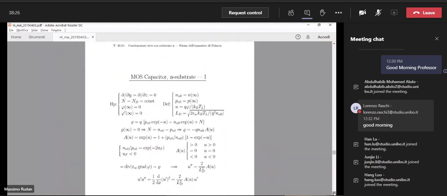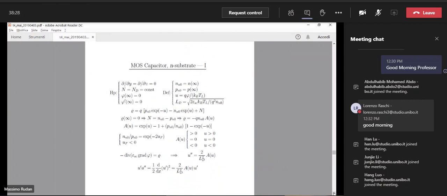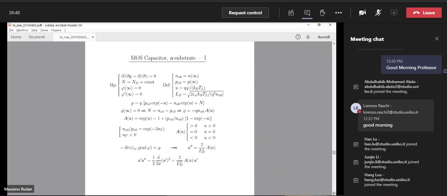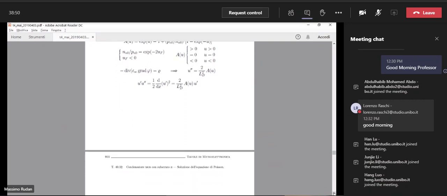Of course, we should in principle repeat all the analysis for the N-substrate MOS capacitor, but it is intuitive that the analysis is just a replica of that of the p-type substrate. Okay, so it is just a dual situation, so we don't do it.